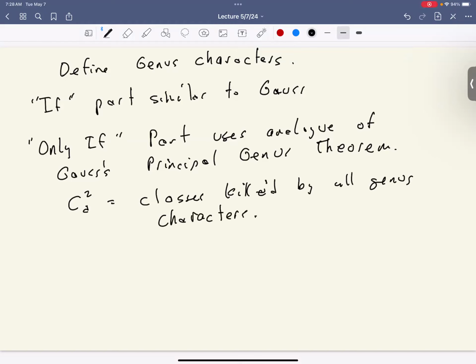Okay, but let me say something again about the classical proof of this. What Gauss did is, well, first of all, the genus characters are basically quadratic characters where the modulus is a prime dividing the discriminant.